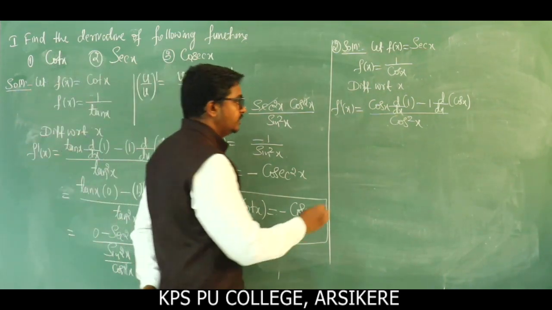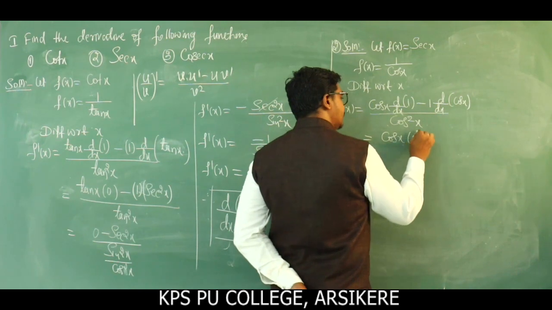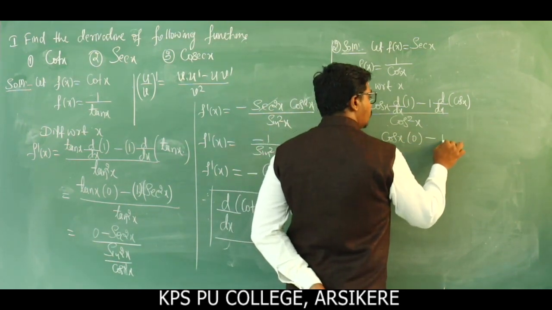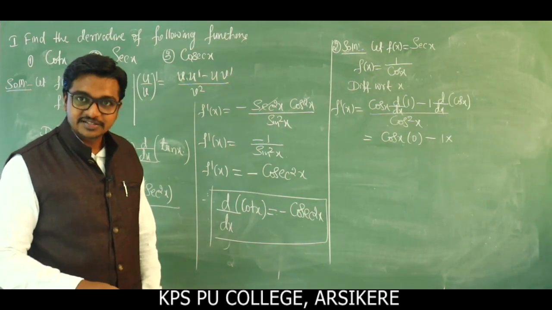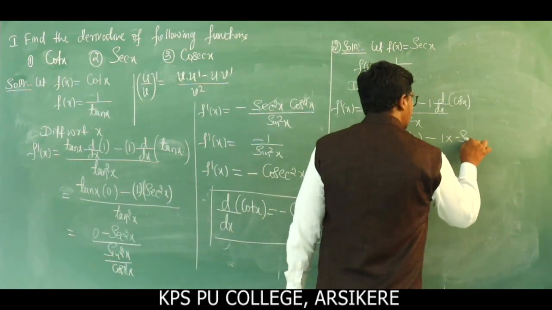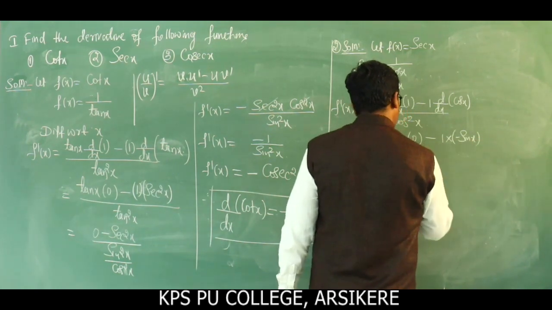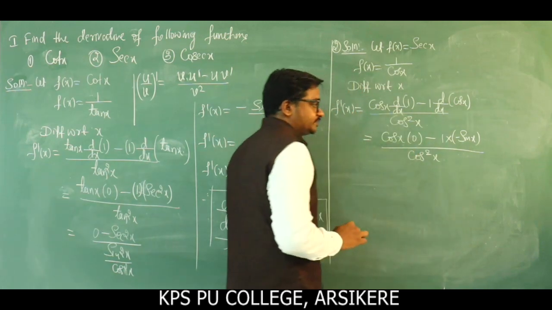right? Then this is cos x into 0 minus 1 into the derivative of cos x. Remember, we already discussed that the derivative of cos x is minus sin x. Very good, that is minus sin x divided by cos square of x.